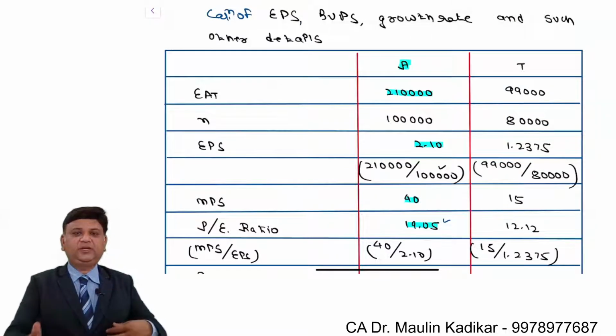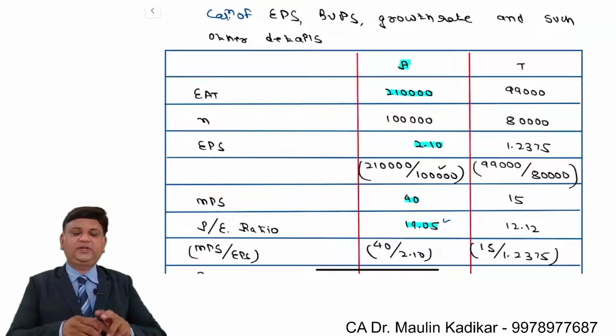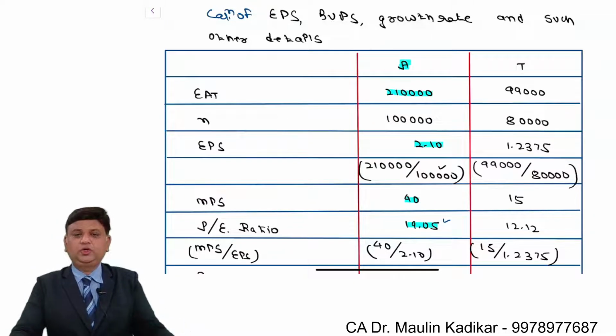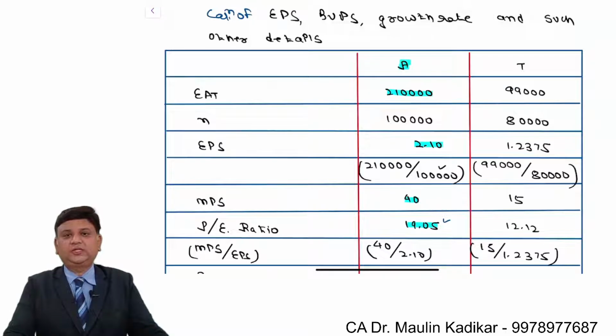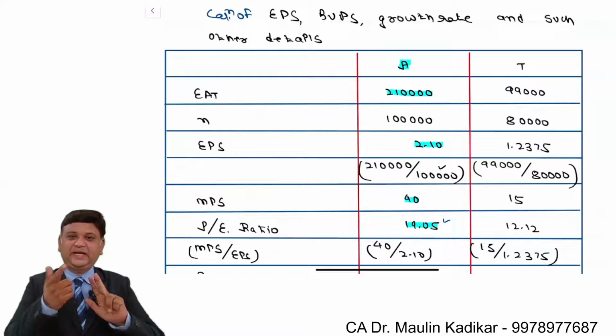So let us have a summary of the entire answer. In the first and second part of the question, friends, you can understand you do not require the knowledge of mergers. Even though the question is about mergers and acquisitions, you just have to calculate the EPS, book value per share, price earning ratio, growth rate.